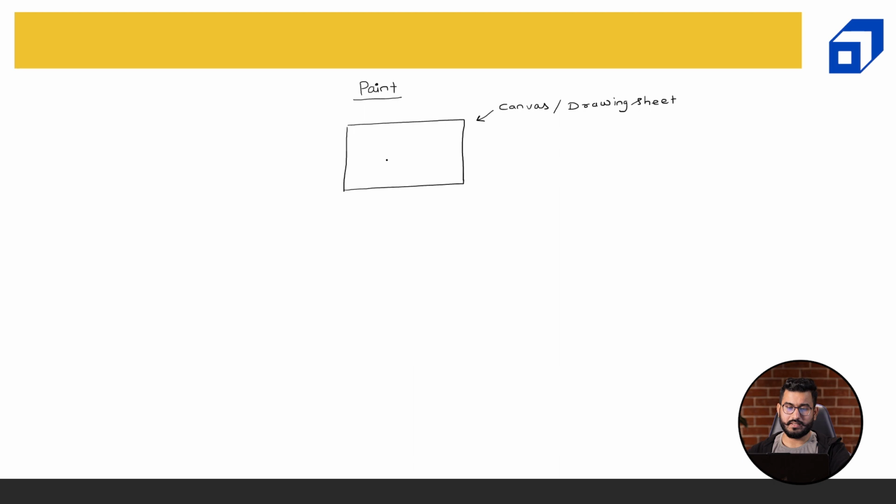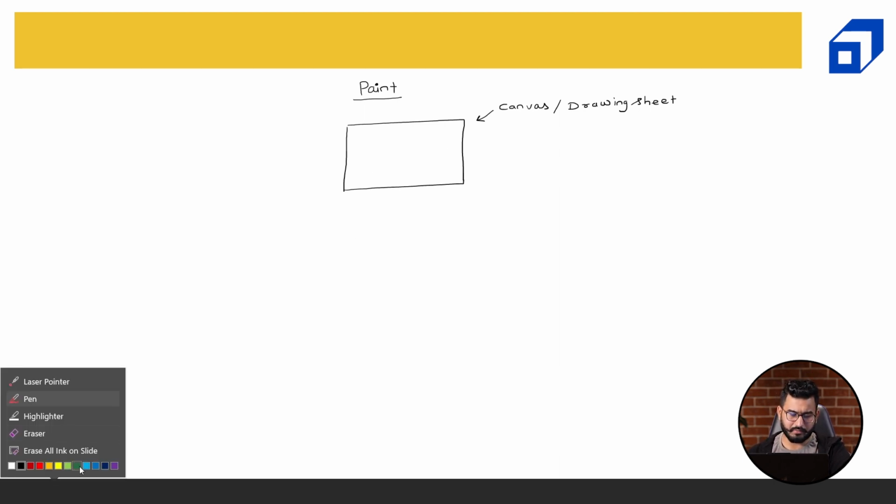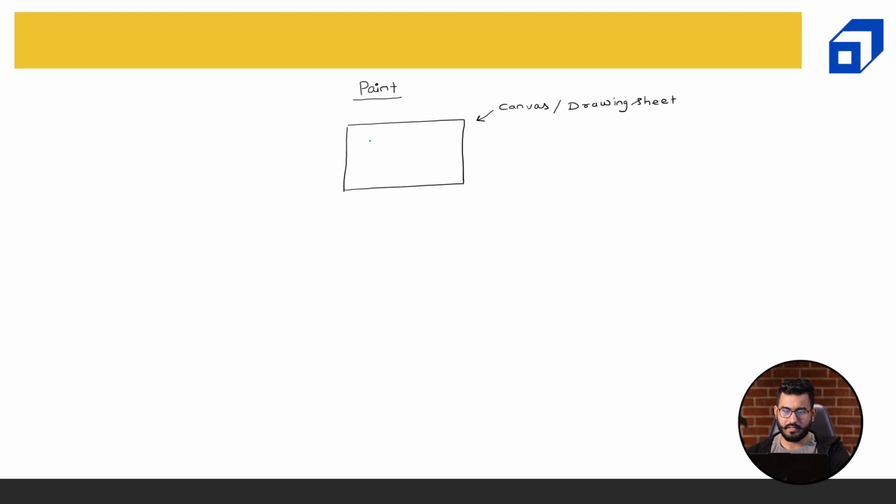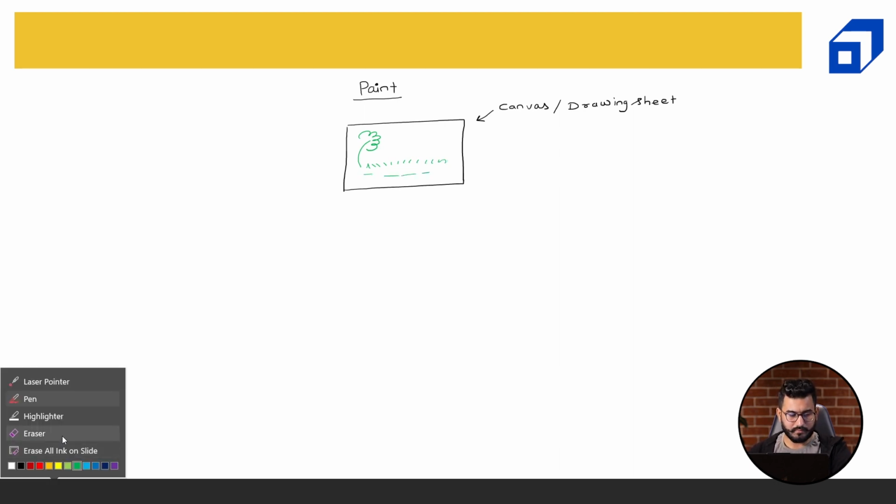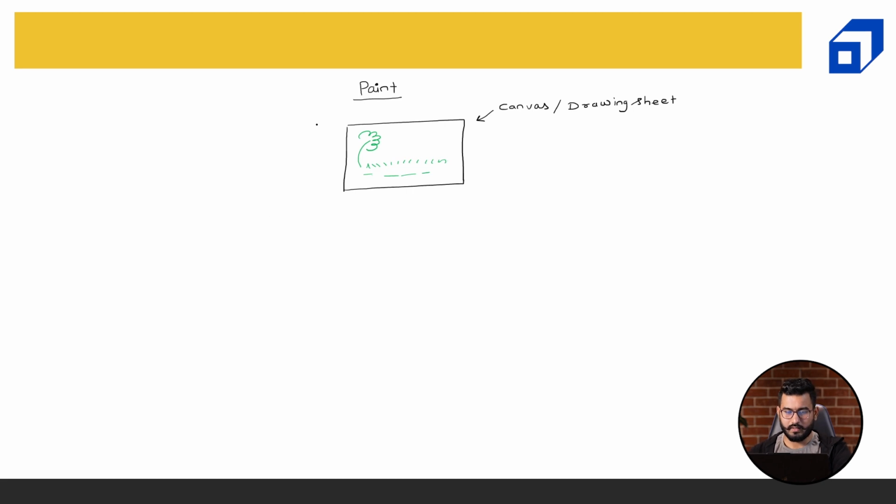Now on top of this drawing sheet, you can paint anything, right? So let's say I have created some good scenery. So in total or overall, I can call this a painting.